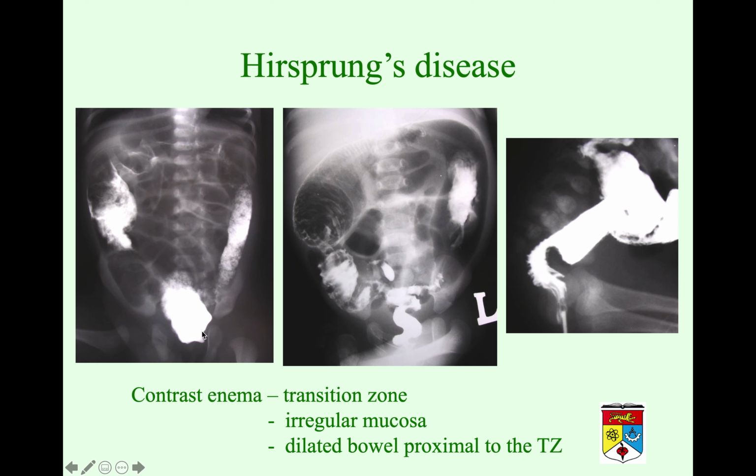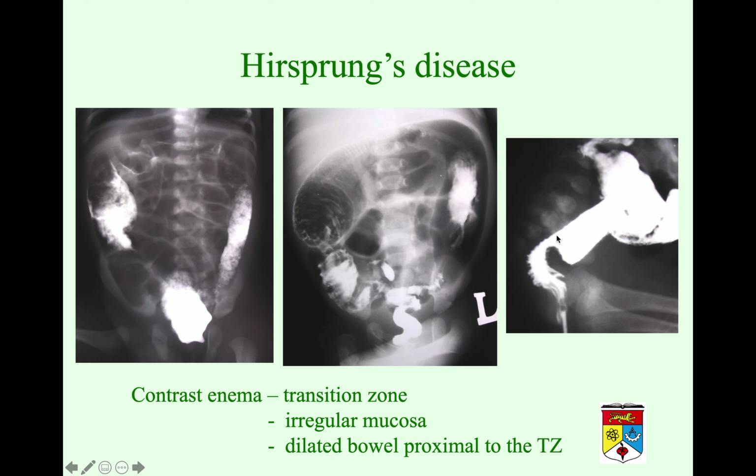So we did a contrast enema, and then you will see a transition zone. Suddenly, this is the rectum, and suddenly it tapers. After that, it becomes a bigger caliber, because the more proximal bowel is so dilated and there are abnormal aganglionic cells in the region of the transition zone, and after that it becomes the rectum.